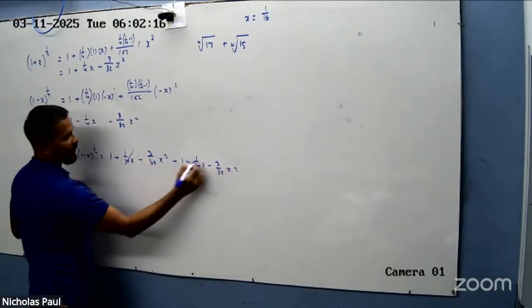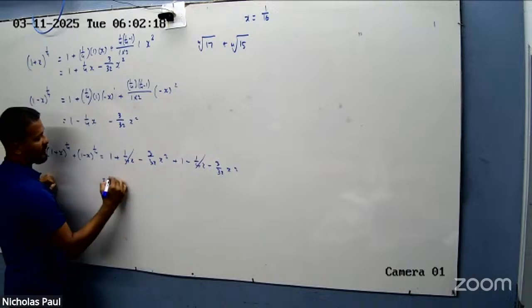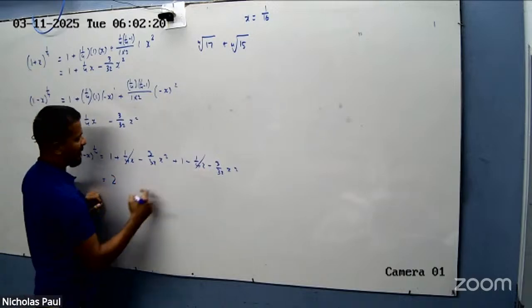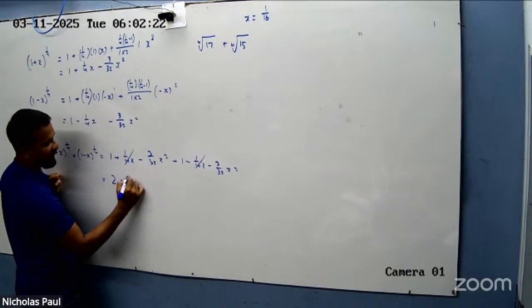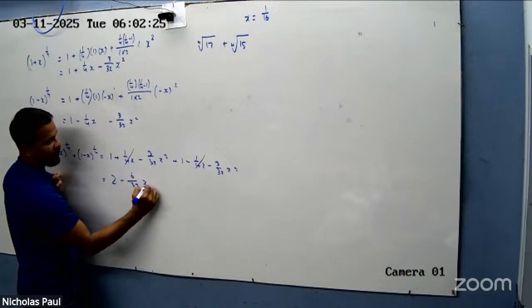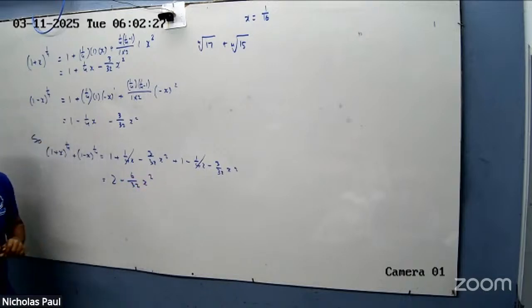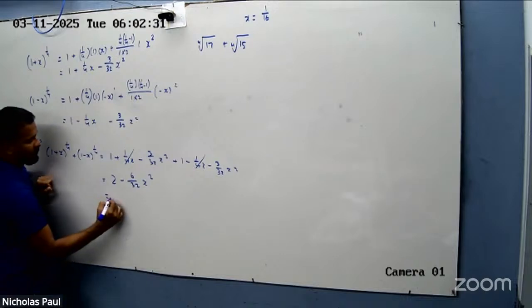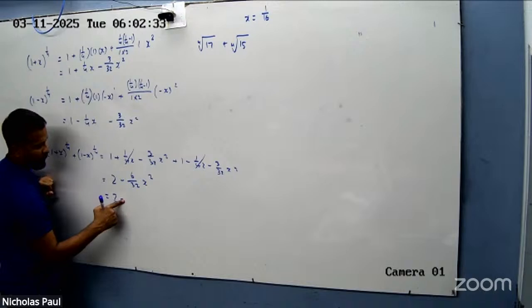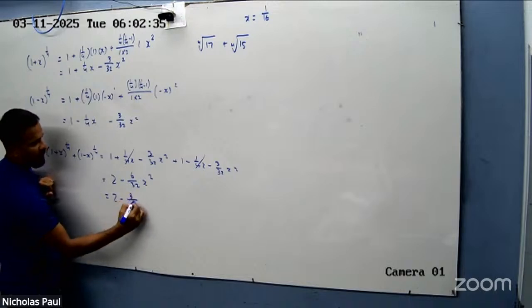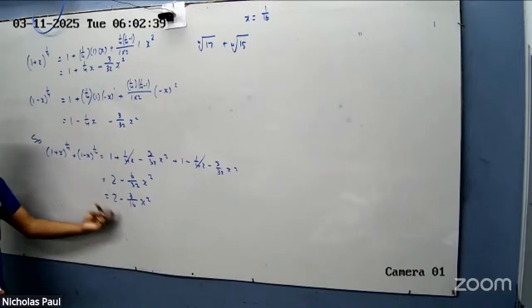The x term will cancel. 1 and 1 is 2, minus and a minus, so that's minus 6 on 32 x squared. That's the answer. Reduce it, so that'll be 3 over 16. Okay, so this is equal to this.